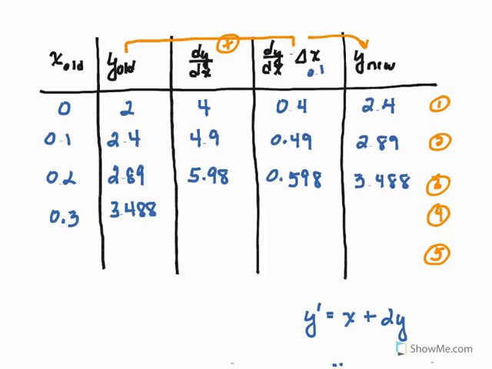Substituting into our y prime equation, we get 7.276 for our slope. Multiplying that by our delta x of 0.1, we get 0.7276. And finally, adding our old y value to this product, we obtain 4.2156.